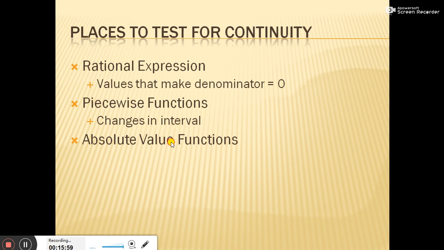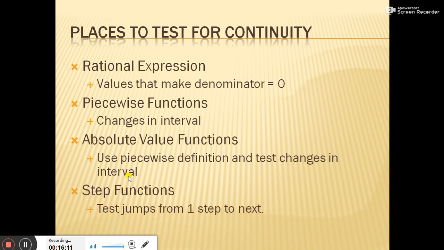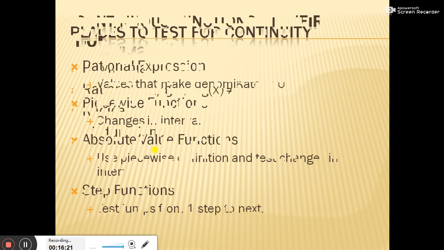Absolute value function, that means we have to redefine it as piecewise and then check at the intervals. And step function, that jumps from one step to the next. In class 12 we have rational function, piecewise function and absolute value function.